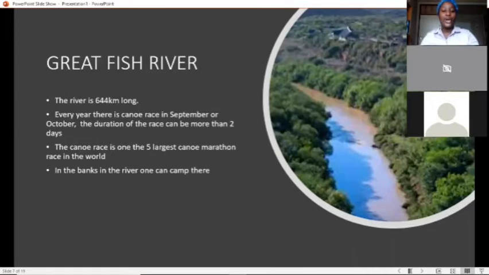Looking at the third attraction, the Great Fish River. The river is 644 kilometers long, and every year there's a canoe race in September or October. The race can last more than 2 days, right?